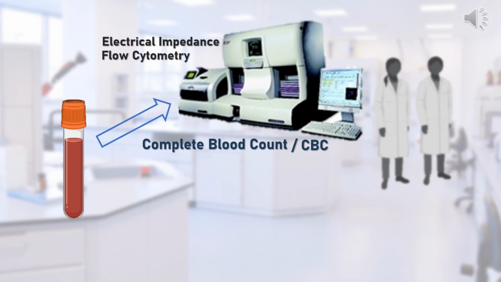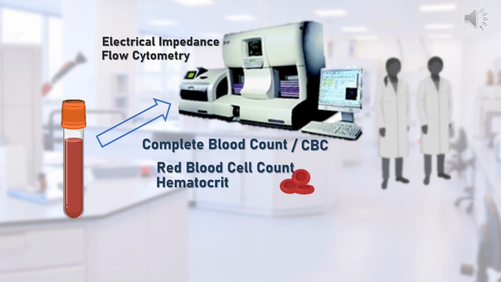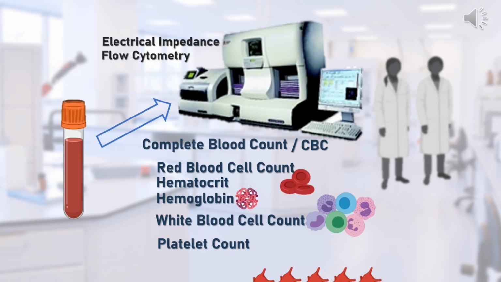A CBC result normally provides information like RBC count, hematocrit, which is the percentage of RBCs in the total blood volume, and hemoglobin, which is the iron-containing protein molecule present in RBC, white blood cell count and platelet count.